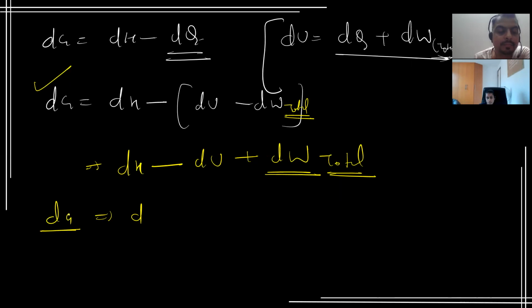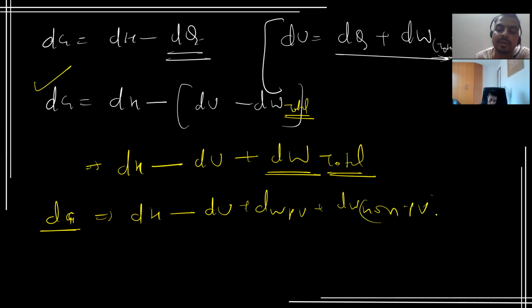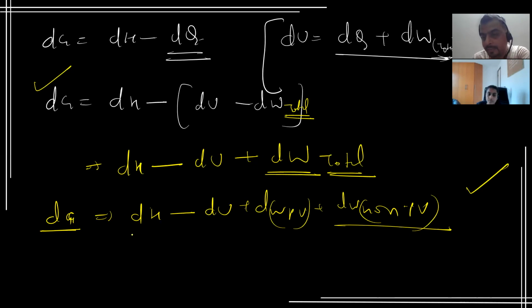So dG becomes dH minus dU plus dW. What is dW? dW total is dW PV plus dW non-PV. Total means it is a combination of both work, PV and non-PV. Any doubt here? No. Okay.